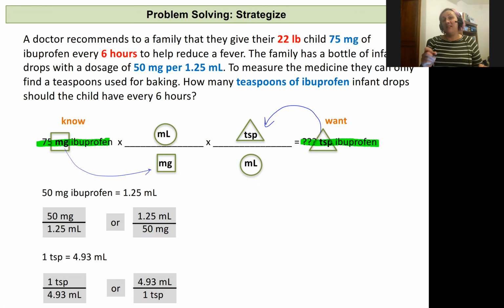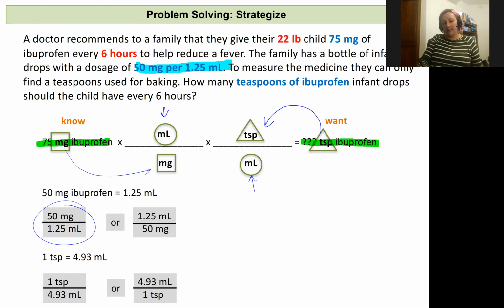Now, I've been given one conversion that I know will be useful, this 50 milligrams per 1.25 milliliter. So if I am trying to cancel out my milligrams, I know I can put in milliliters from the conversion given to me in the problem. Then I can ask the question, well, if I'm introducing this unit of a milliliter and I do not want milliliter to be in my answer, I know I have to have it on the bottom of a conversion factor.